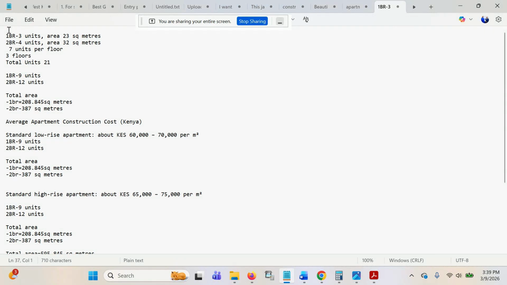Each unit of one bedroom is 23 square meters, and each two bedroom is 32 square meters. So that means each floor with 7 units would give you an area of what?